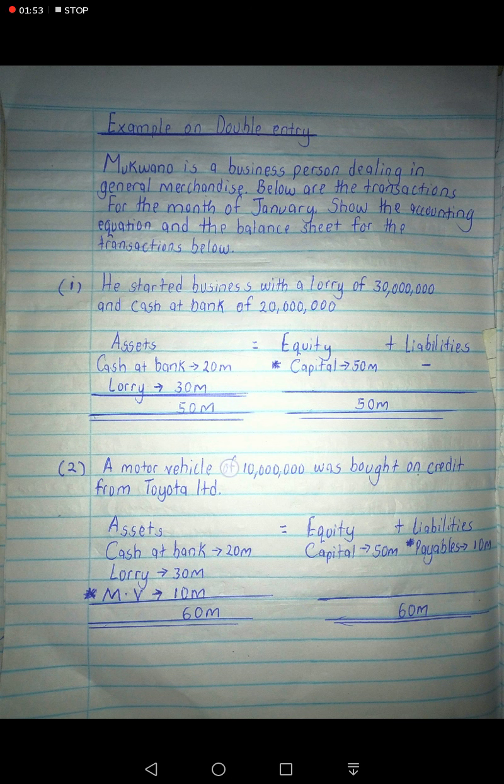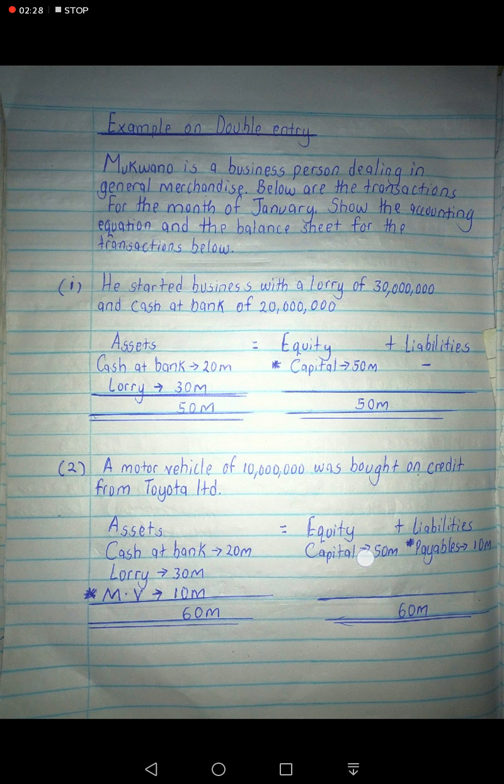They're saying a motor vehicle of 10 million was bought on credit from Toyota Limited. Now, assets is equal to equity plus liability. What is happening? I first record the details from the previous transaction, which was cash at bank of 20M, lorry of 30M. Then what's coming in here? Motor vehicle, which is MV, of 10M. So assets are increasing by 10M.